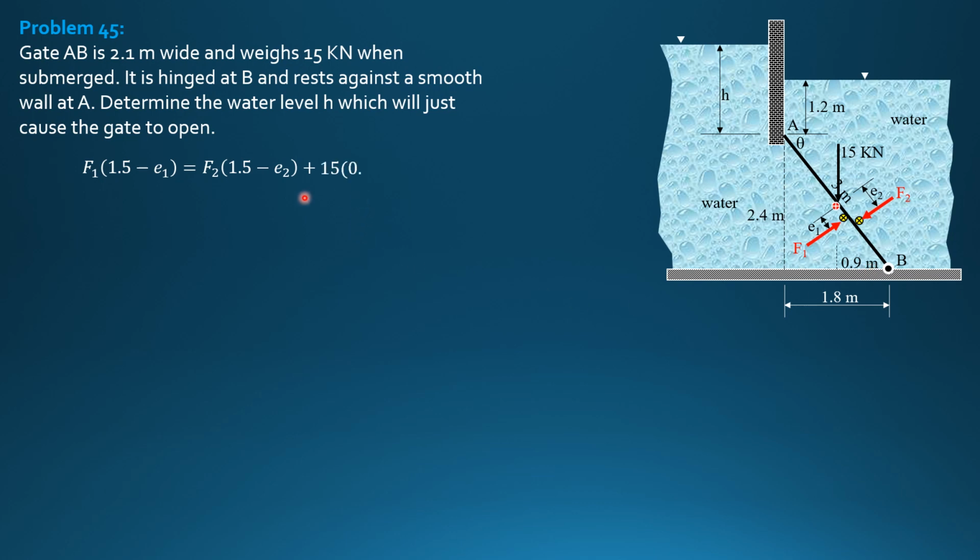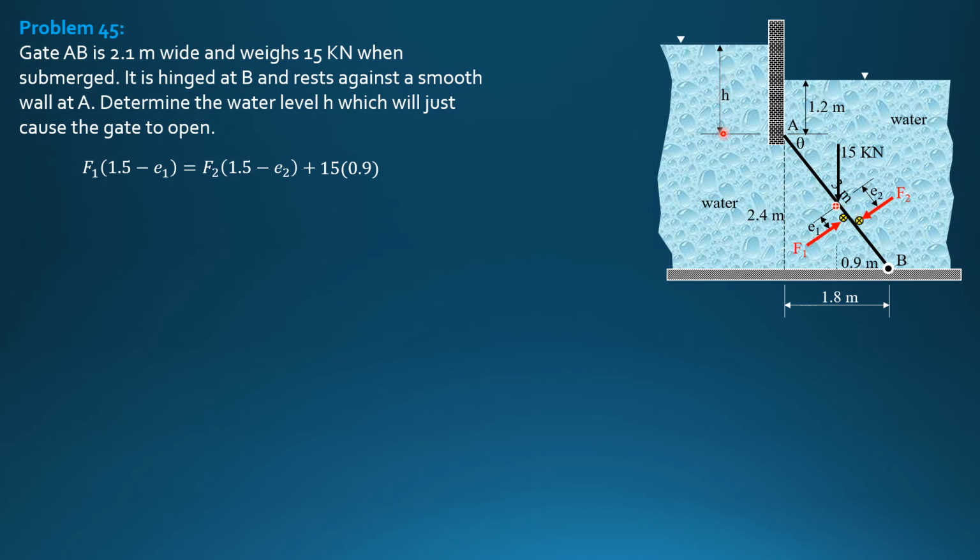And we will determine all these unknowns in this working equation, beginning with F1: specific weight of water, times h bar 1, times area. h bar 1 is the vertical distance from the water surface at the left down to the centroid of the area, which is here.